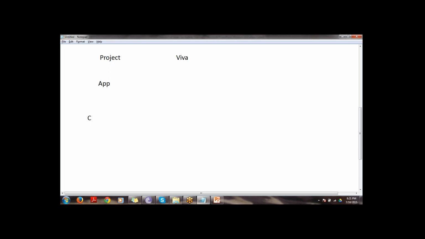If you want to implement the C application, first of all, what do we need to do? We need to purchase the software. Am I right? What is the next step?